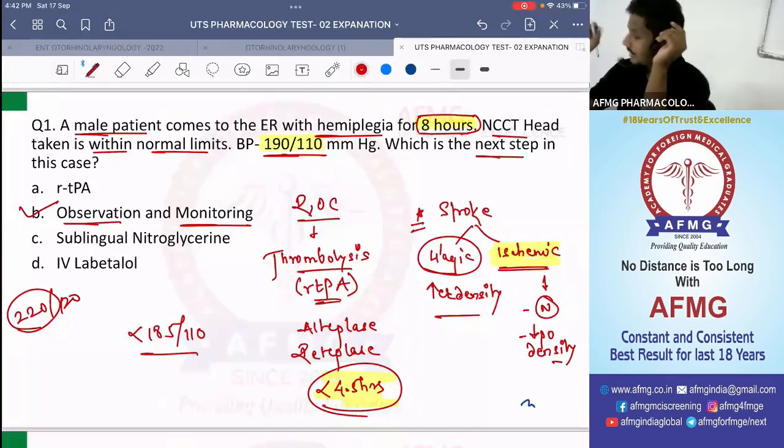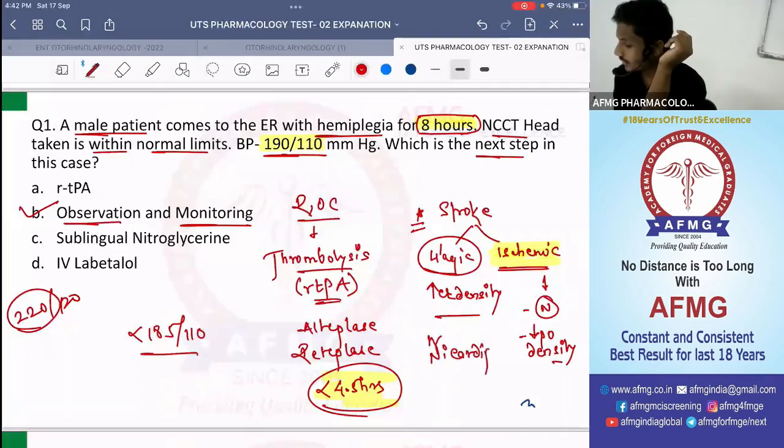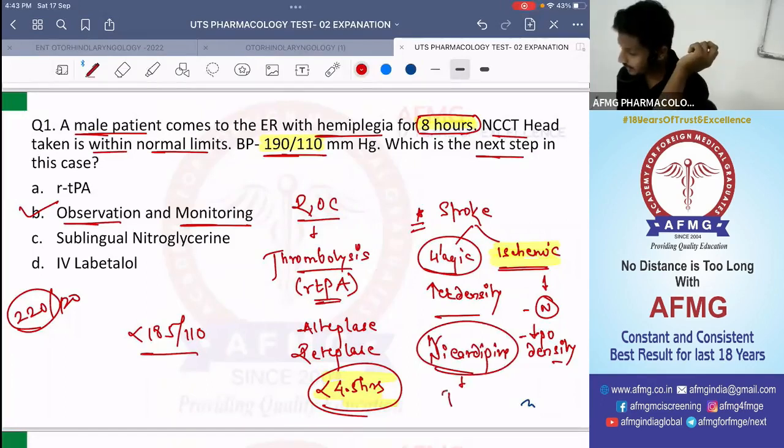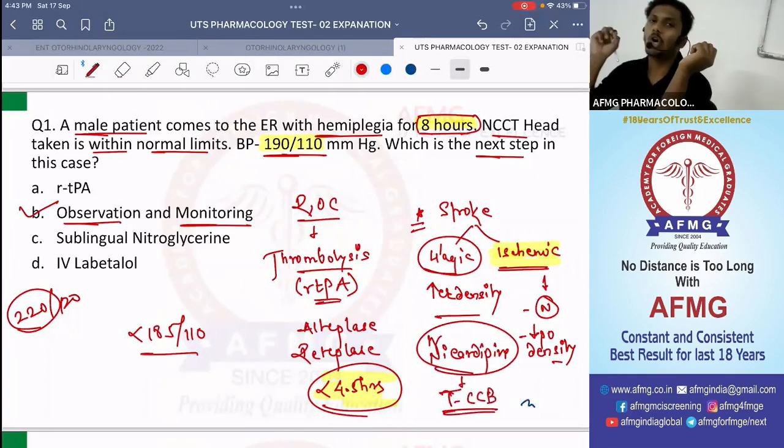That is the thing. And in hemorrhagic strokes, the drug which is given to control it is called IV Nicardipine. Okay, IV Nicardipine. And IV Nicardipine is which group of drug? Calcium channel blockers. Which calcium channels are blocked? T or L type? It blocks T calcium channels because these transient or short-acting calcium channels are present in the CNS.